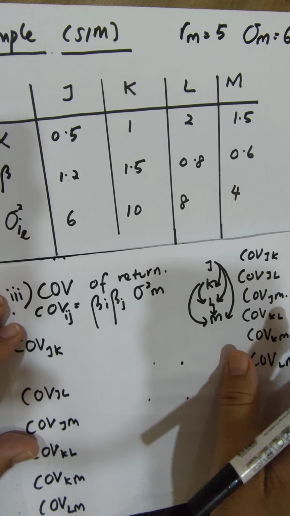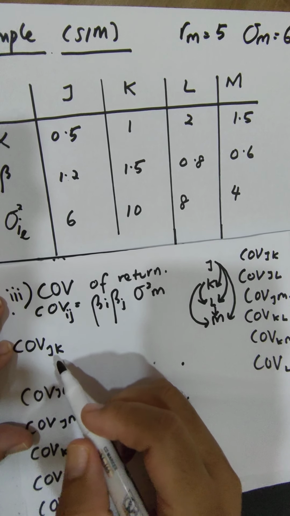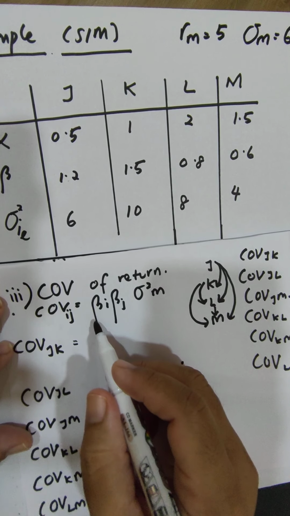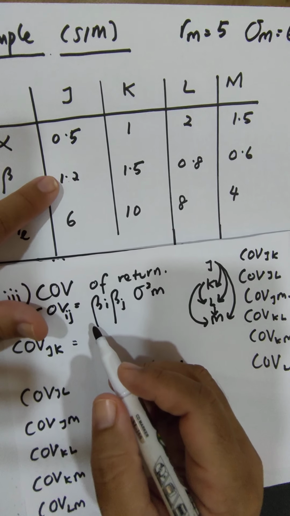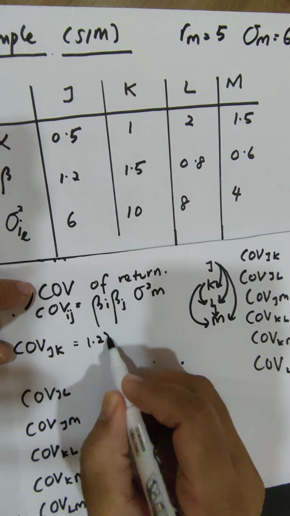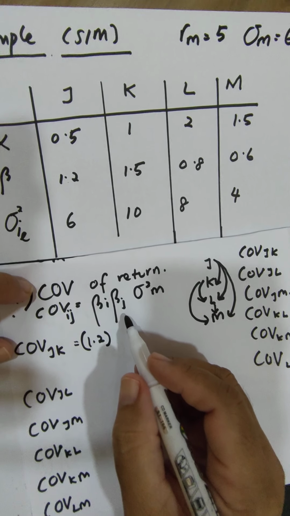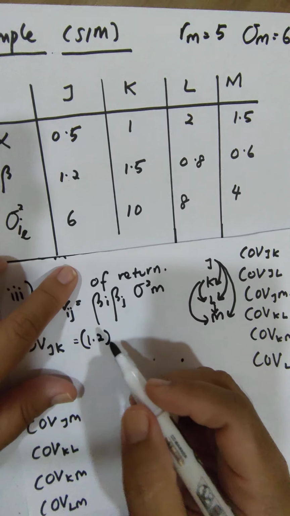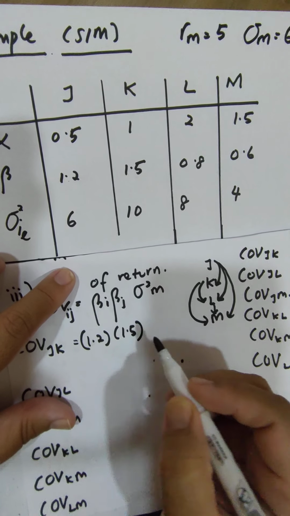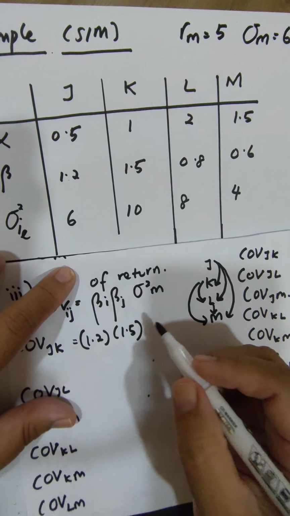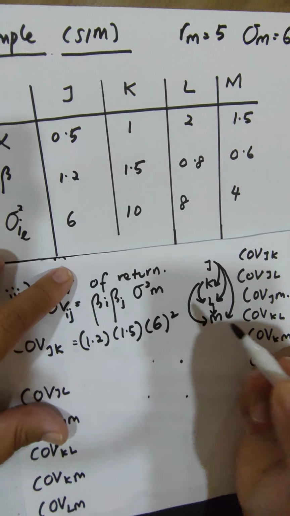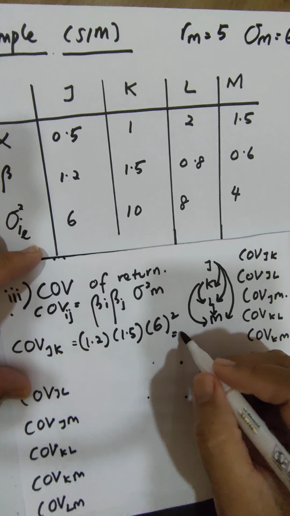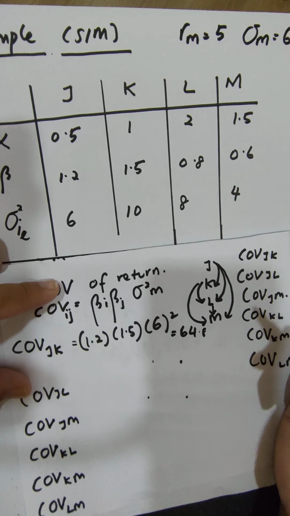For the calculation of the first covariance, which is J and K, look at the components here: beta for J, which is 1.2, multiplied with beta for K, which is 1.5, multiplied with variance on market, which is 6 to the power of 2. So you may get the answer here, which is 64.8.